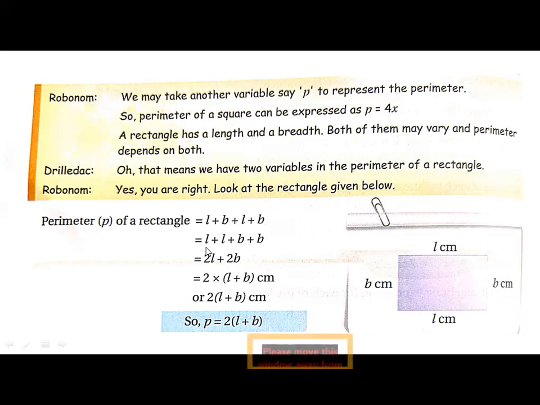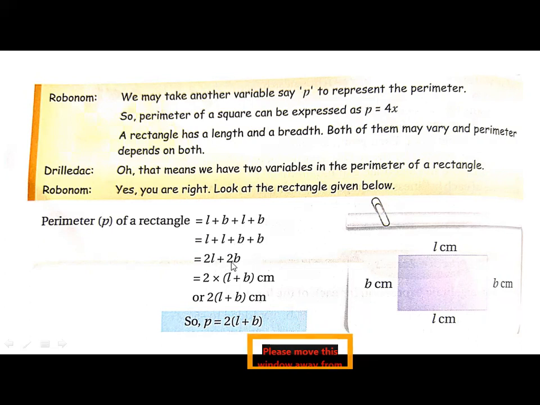First you have to rearrange the variables. Writing L first, next we add the variable B. So L plus L becomes 2L and B plus B becomes 2B.